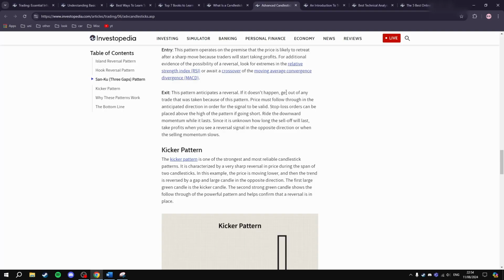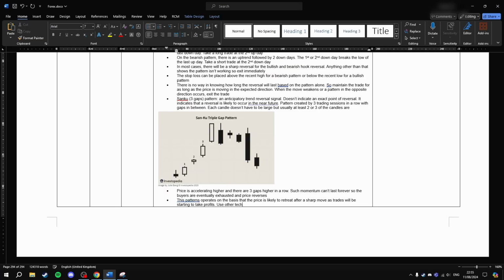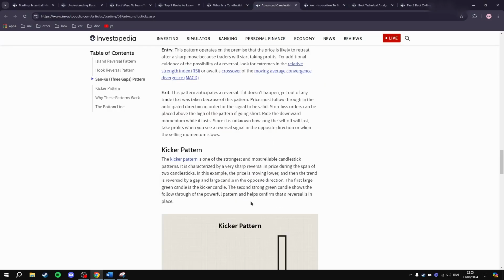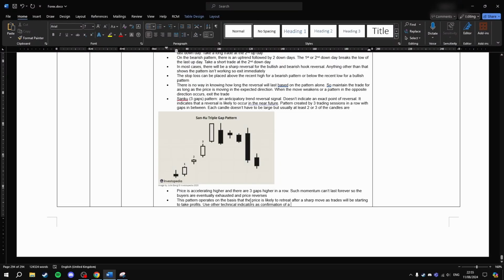So use other technical indicators as confirmation of the possibility of a trend reversal.